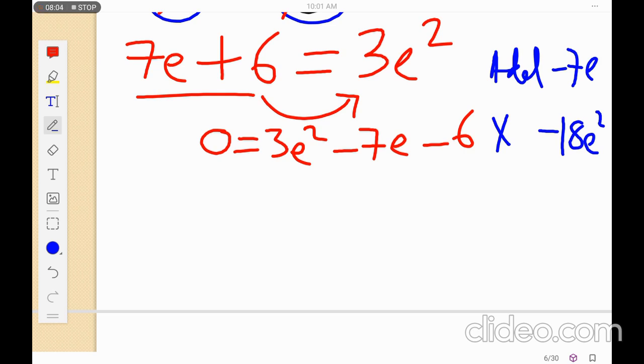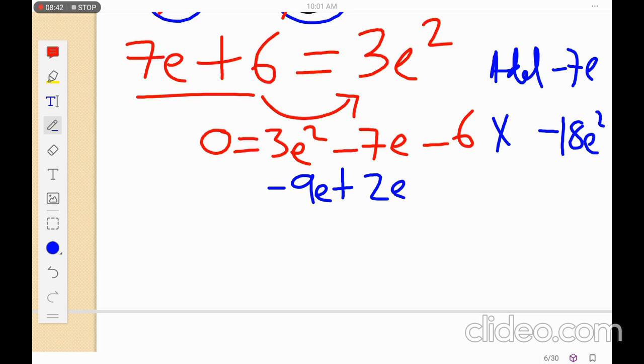Let's see, 18 divided by 2, 9. Yes, I can use minus 9 then plus 2.